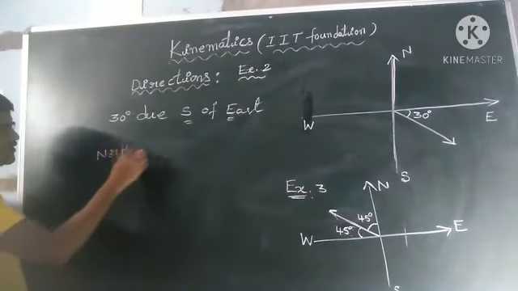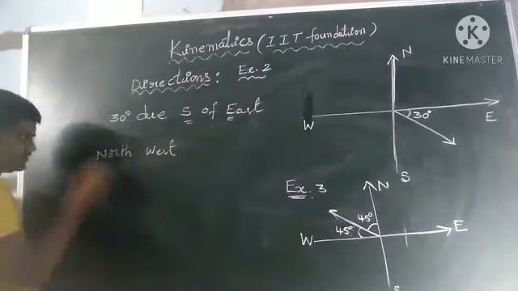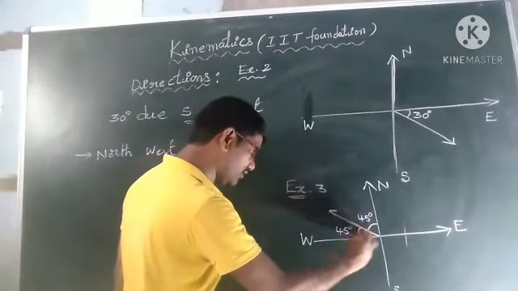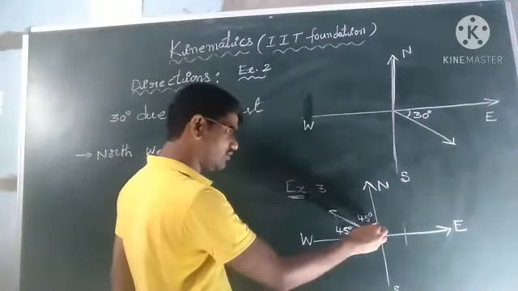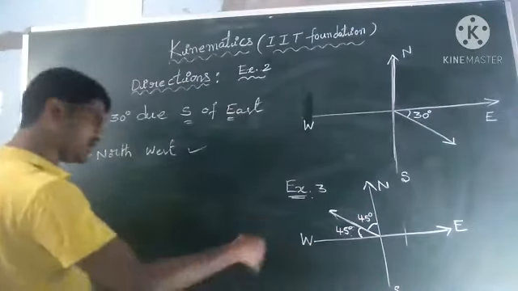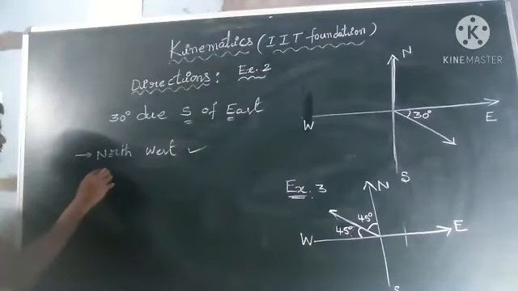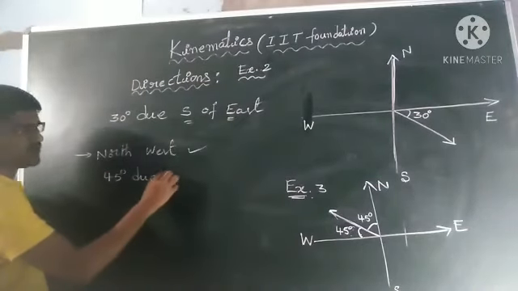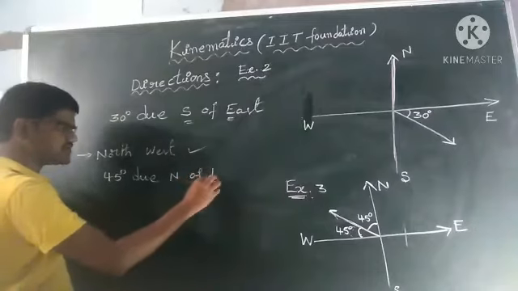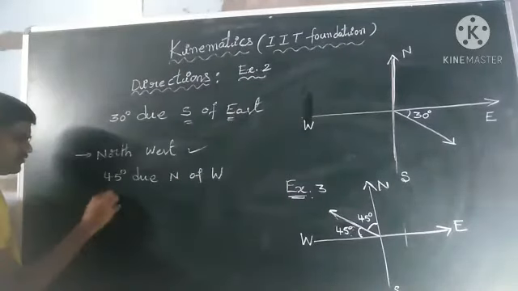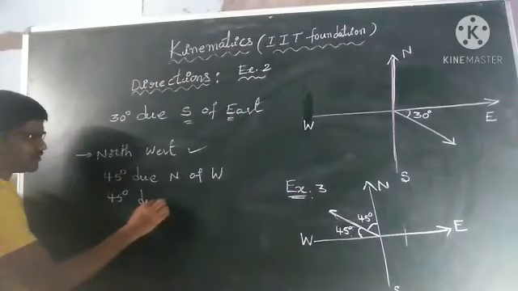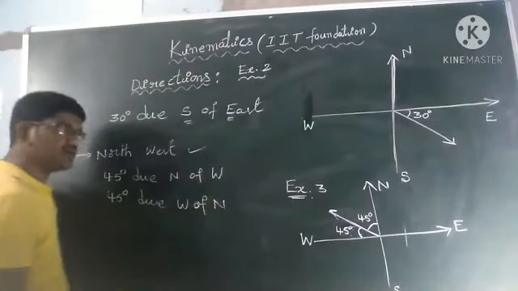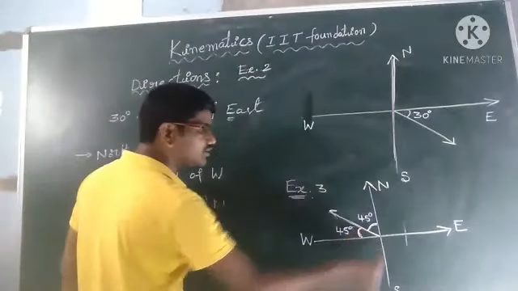Northwest, you can say, that's sufficient. Northwest means it should make an angle of 45 degrees to west or 45 degrees to east. Or if you want to write it, 45 degrees due north of west you can write, or 45 degrees due west of north also you can write. Anyway, it is making equal angles with north and west.